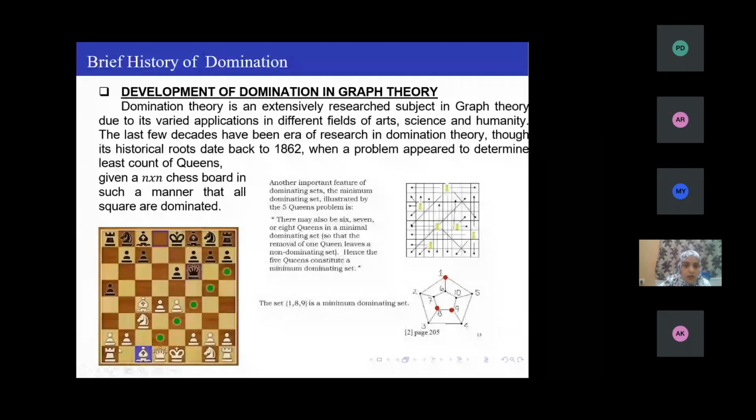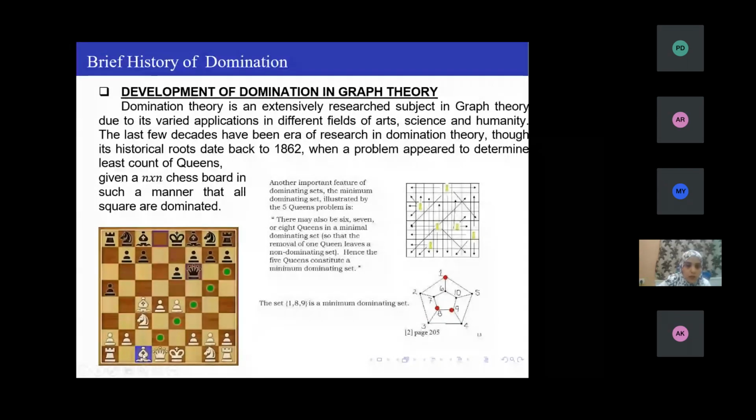Based on this chessboard, domination actually got introduced in graph theory. If students want to see how domination occurs, they can install a chess game app on their mobile phones. It is very easy to understand.